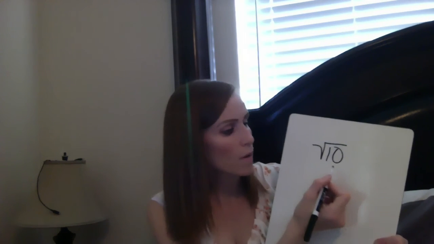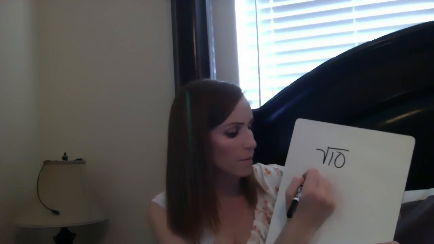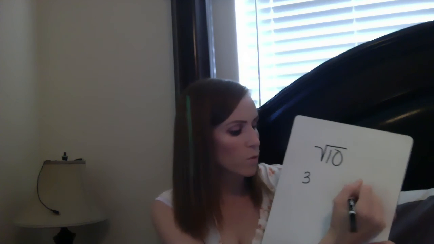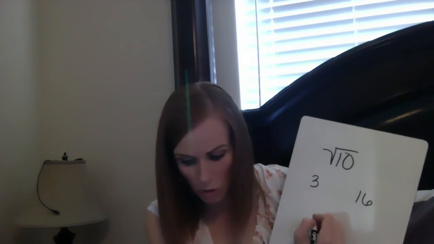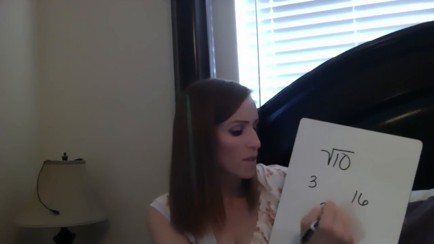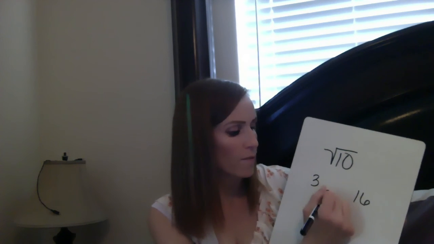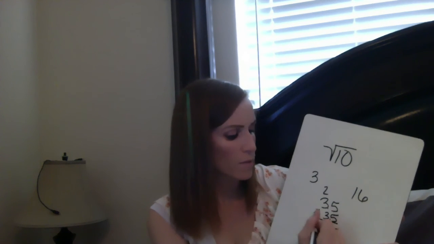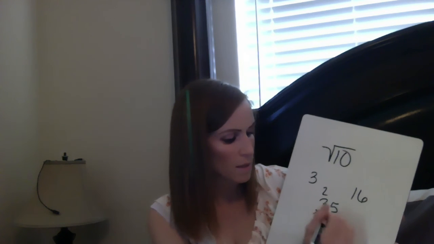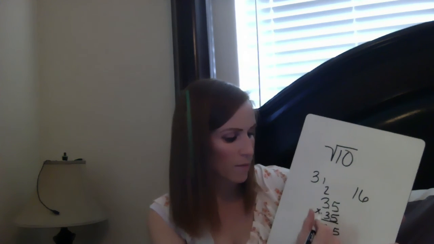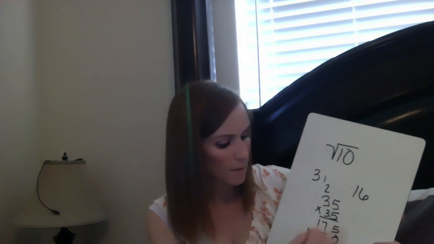Okay, so I'm going to do H for you. Square root of 10. So we know that 3 times 3 is 9. We know that 4 times 4 is 16. So we're going to try 3.5 and 3.5. 5 and 5 is 25. 5 and 3 is 15 plus 2 is 17. 0, 15. I'm doing this kind of fast. 3 and 3 is 9, 10.